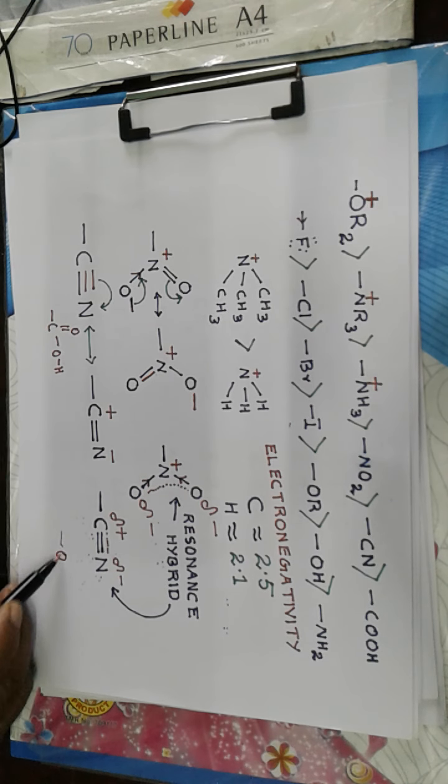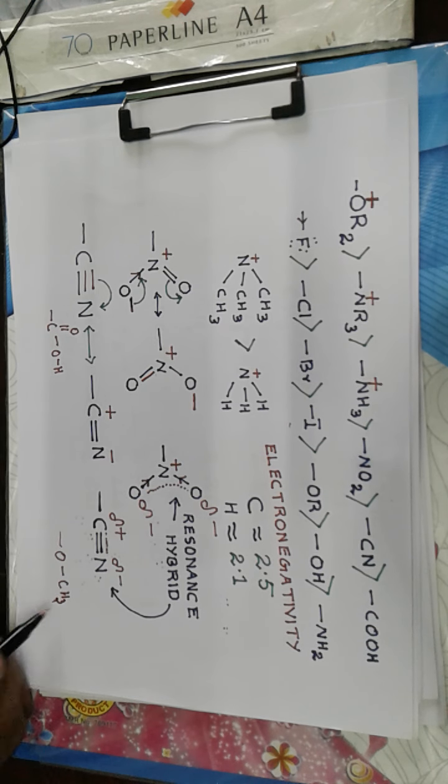When we come to OR and OH, the hydrogen will be donating the bonding electron pair towards the oxygen atom, and in OR, the oxygen is connected to a carbon group, for example the CH3 group.